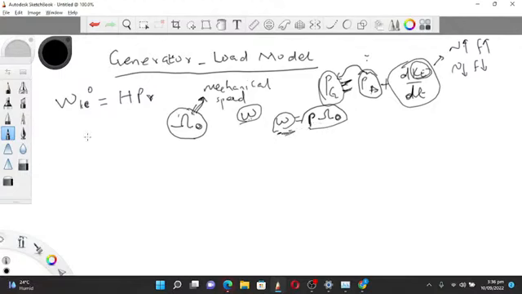So at a frequency f0, this is our kinetic energy. We are taking f0 as our normal frequency. Our normal frequency is a kinetic energy that is already there, H P_R.